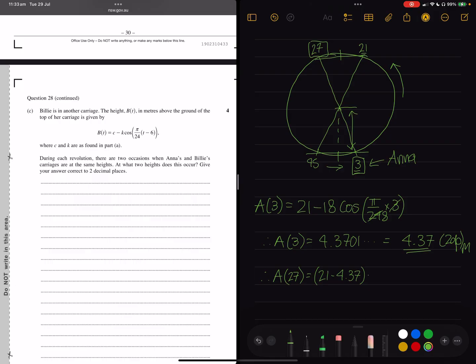This is the distance, plus 21 minus 4.37, that added to 21. So this will give us a value of 37.63 meters, 2 decimal places.